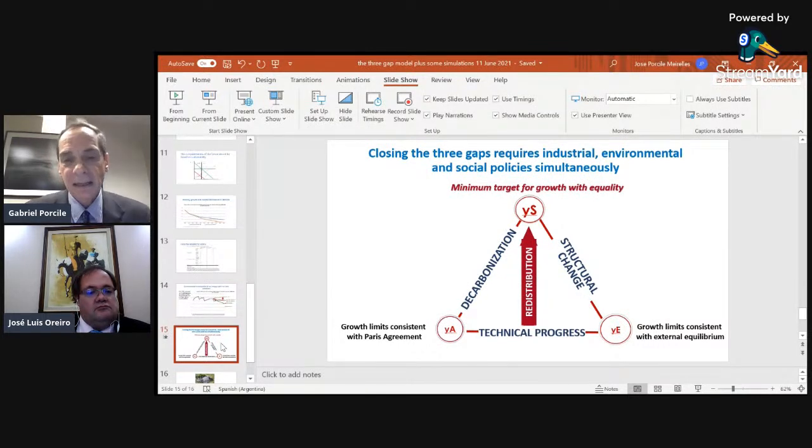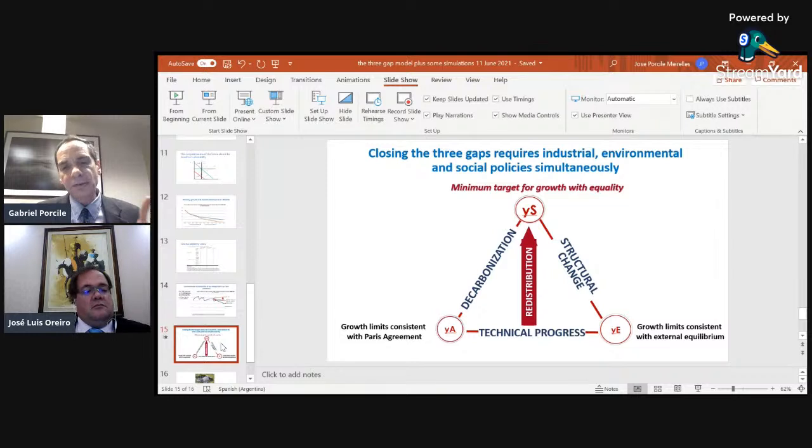This is crucial in all the scenarios. This is why you see redistribution transversal in the triangle, to achieve 1S, which is the rate of growth required for social equilibrium. At the same time, on the basis of the triangle, we have technological progress, catching up, learning, industrial policy, technological policy.